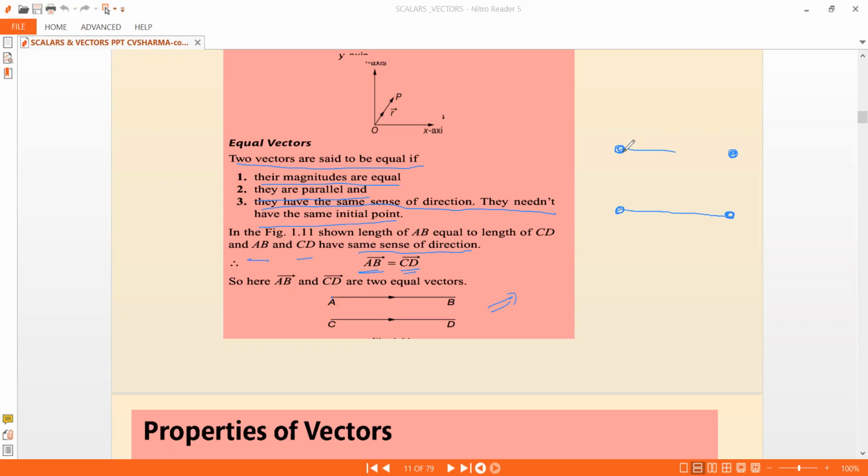If I consider two parallel lines in a coordinate system, let us say this point is A and this point is B, and this is C and this is D, and let us say the coordinates of A are x1, y1, z1, B are x2, y2, z2, C are x3, y3, z3, and D are x4, y4, z4.